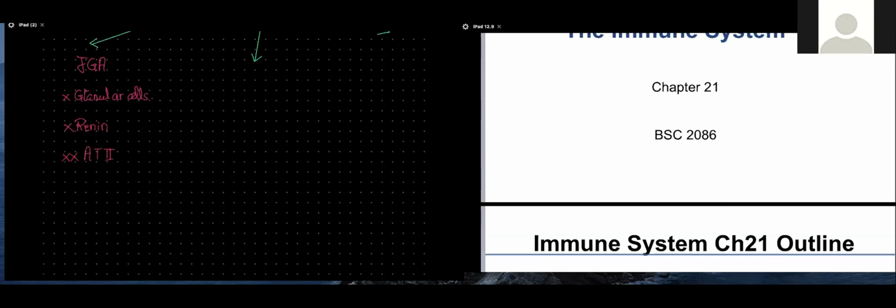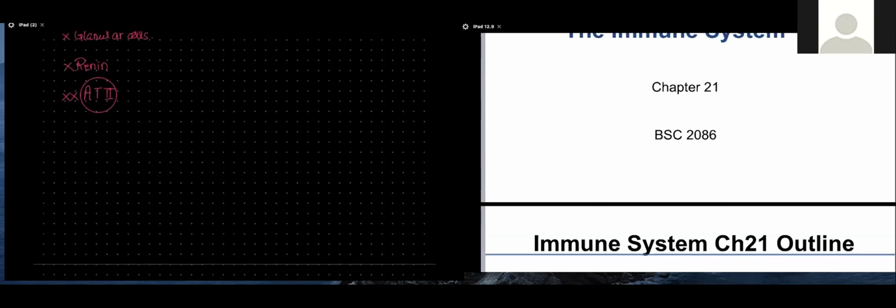Remember, you need renin to convert the angiotensinogen into angiotensin I, which is essential for you to form angiotensin II. If I don't have angiotensin II, remember the very first action of angiotensin II was to constrict the vessels, constrict the arterioles. So if I don't have angiotensin II, this results in vasodilation.